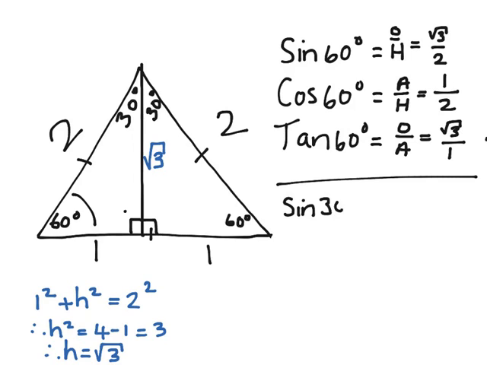Sine 30 degrees, cos 30 degrees, and tan 30 degrees. Just be careful in this case, you have to change your perspective. So the opposite and the adjacent is slightly different.